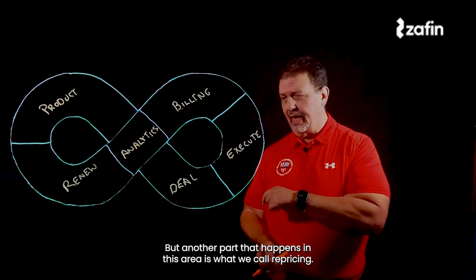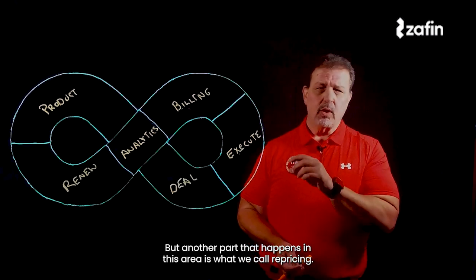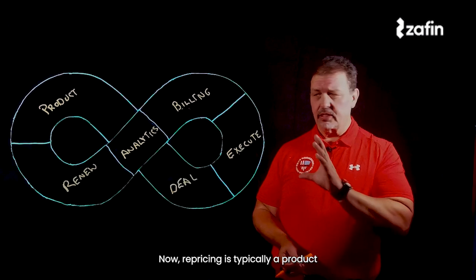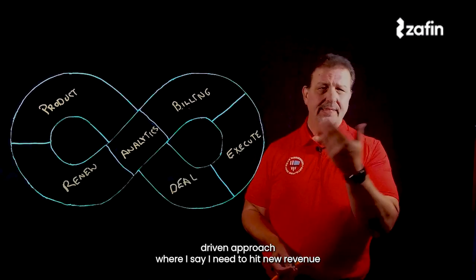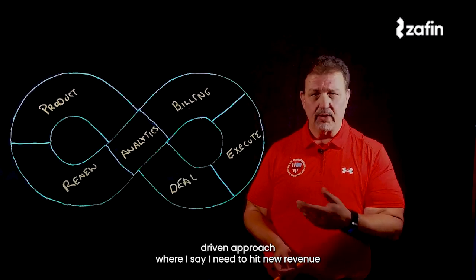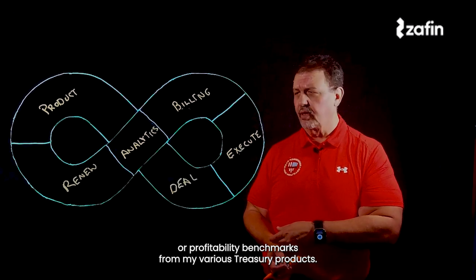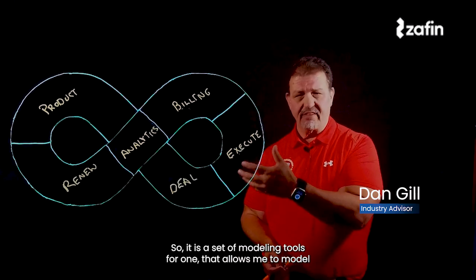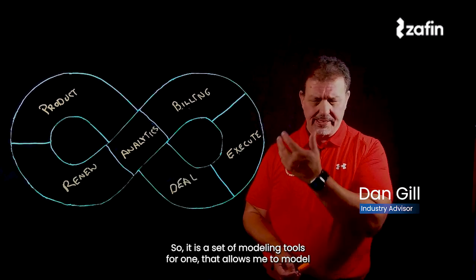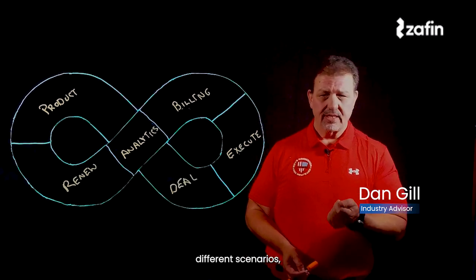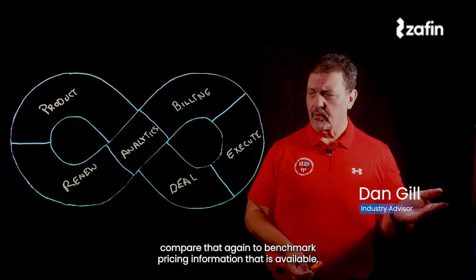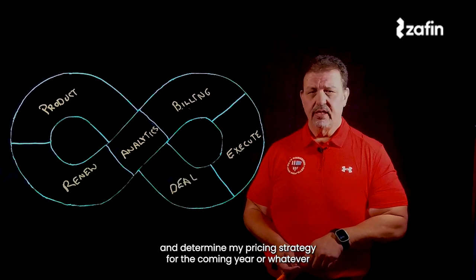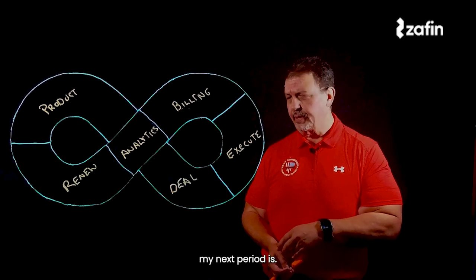But another part that happens in this area is what we call repricing. Now, repricing is typically a product-driven approach where I say, I need to hit new revenue or profitability benchmarks from my various treasury products. How am I going to do that? So it's a set of modeling tools for one that allows me to model different scenarios, compare that again to benchmark pricing information that's available, and determine my pricing strategy for the coming year or whatever my next period is.